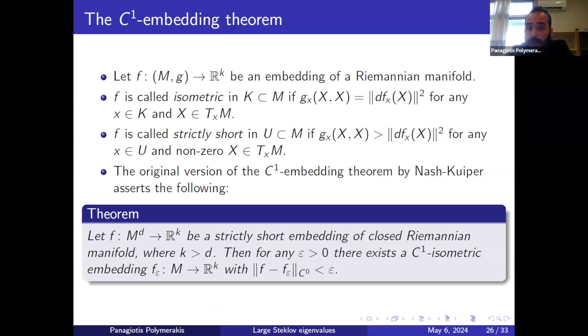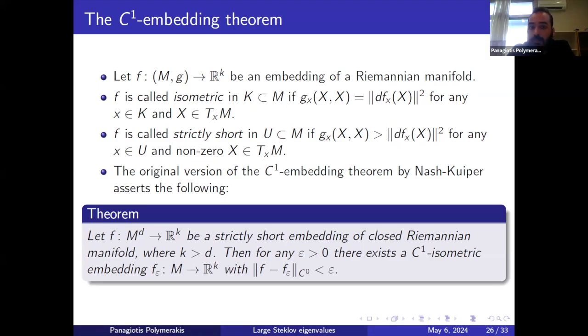We say that F is isometric in a domain K of the manifold if it preserves the lengths of tangent vectors at points in K. We say that the embedding is strictly short in a domain U of our manifold if it strictly decreases lengths of non-zero vectors tangent at points of the domain U. And the original version of the C1 embedding theorem by Nash and Kuiper, done by Nash for submanifolds of codimension at least 2, and extended by Kuiper to submanifolds of codimension 1, asserts the following.